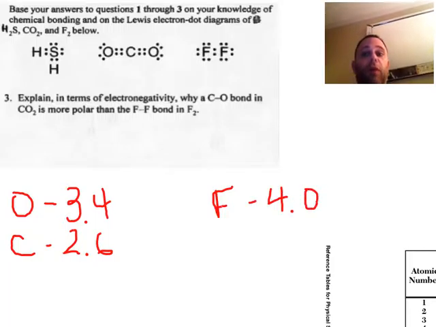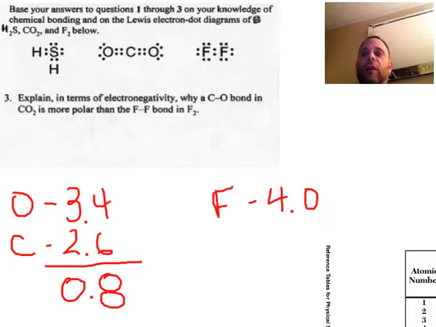Now if you recall, when we look for polarity in a bond, we are looking for the electronegativity difference. Between oxygen and carbon, the difference is 0.8. And for a fluorine to fluorine bond, we would be comparing 4.0 versus 4.0. The difference would be 0.